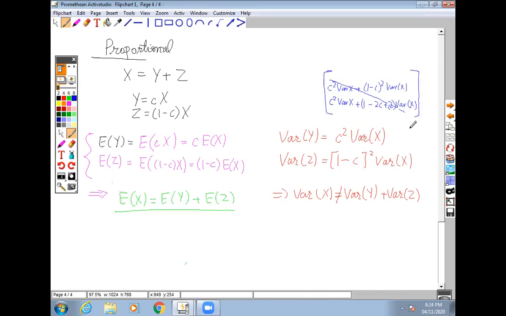Ma'am, is it because the variables are dependent? Dependent. Yes, they are dependent on each other, exactly. And can you explain that a bit more?